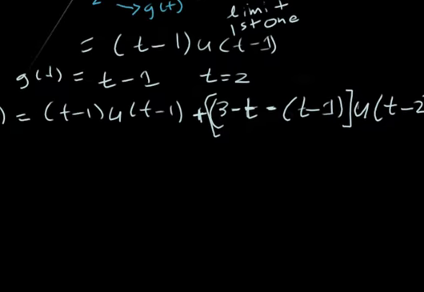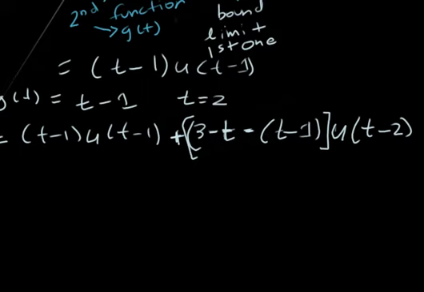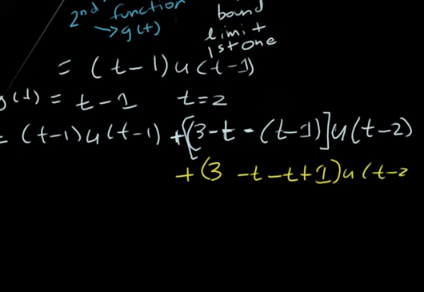Okay, now let me change color. Okay, so we got this far. So now we need to move on and do the next one. Actually we could simplify this. So 3 minus t minus 1, or actually plus 1, u of t minus 2.